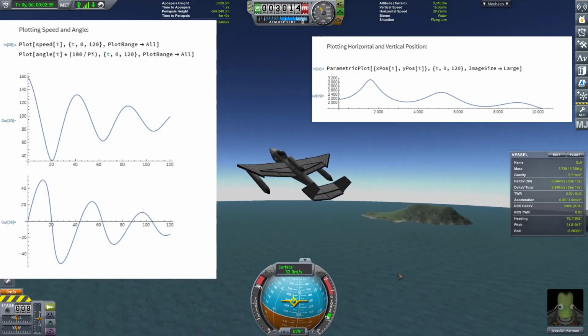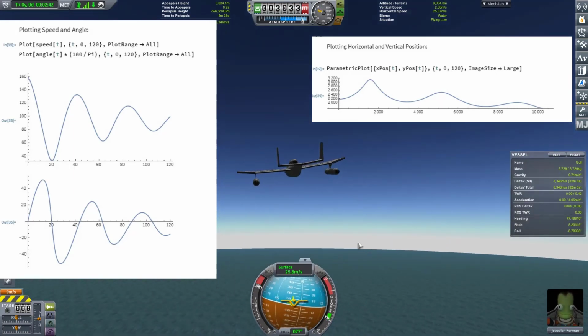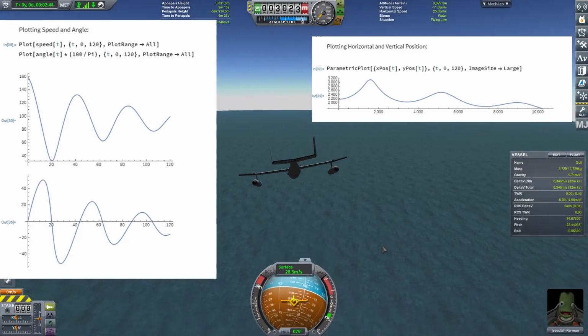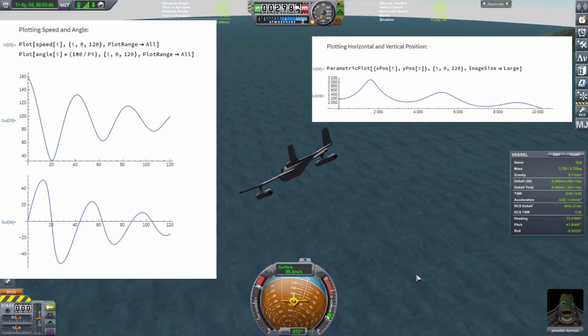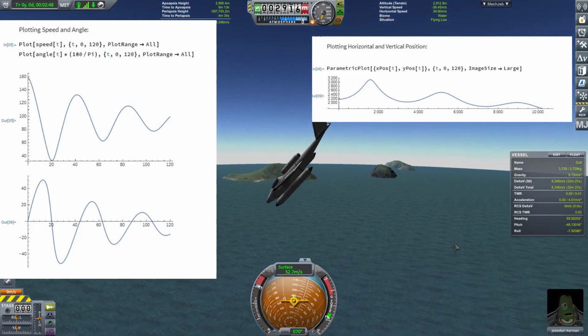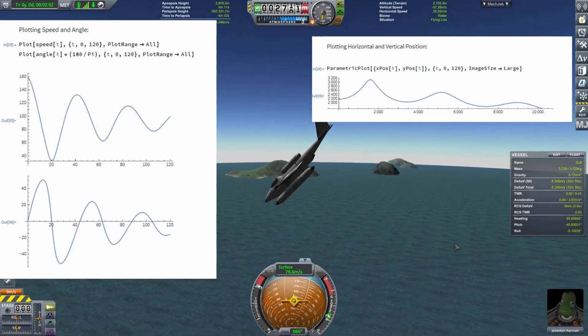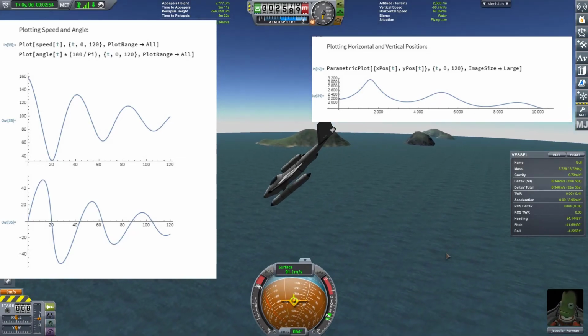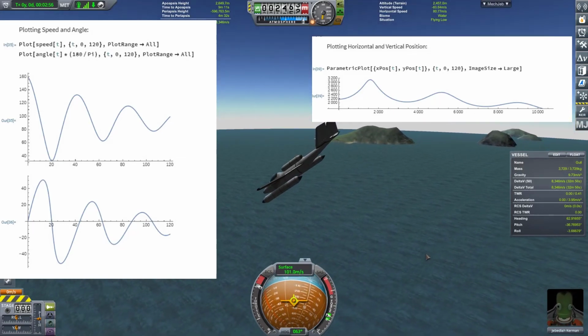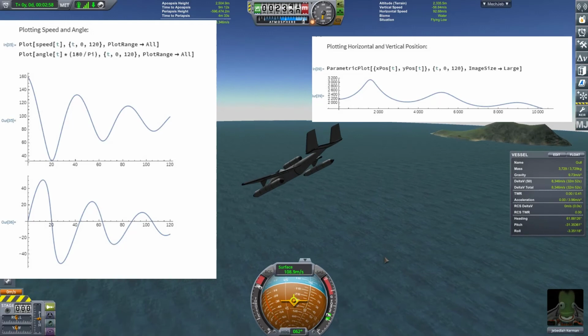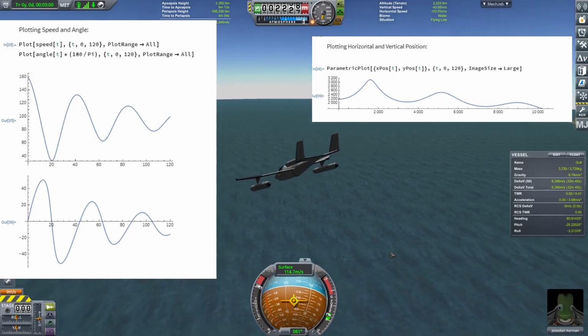After that, the plane loses lift and slows, the speed drops, and the pitch drops down to about negative 50 degrees, and the altitude drops down to about 2,300 meters, at which point the plane is beginning to gain speed again and increasing lift, and the oscillation begins to repeat.